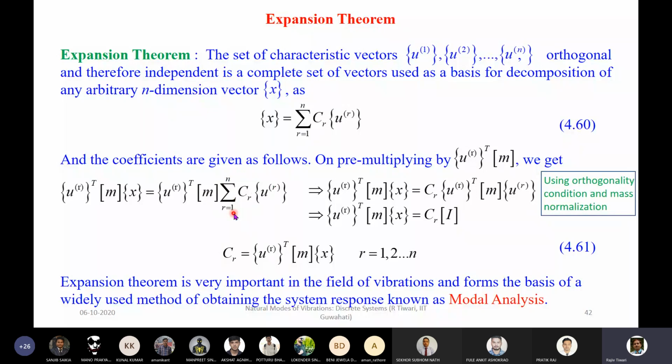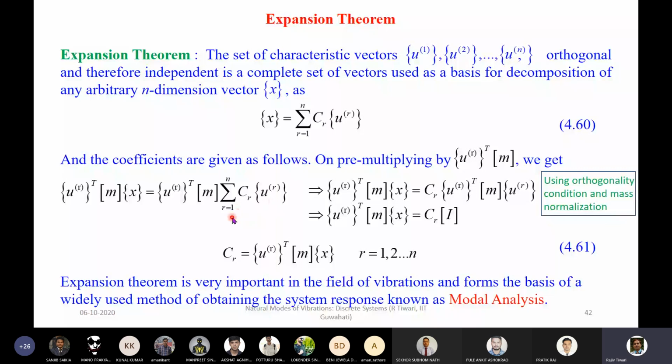If r is 1, this will be U1. So U1 transpose M U1 will be 0 according to the orthogonality condition, because when these two modes are different, then with respect to the mass or the stiffness, using the orthogonality condition, this will be 0. Even for r equal to 2, it will be 0, and 3.